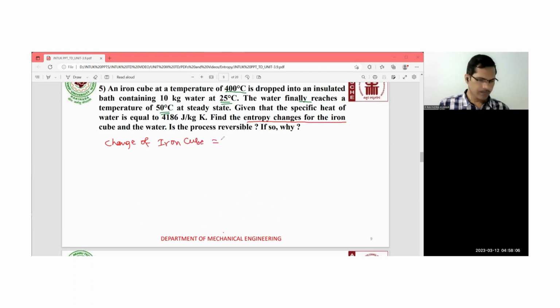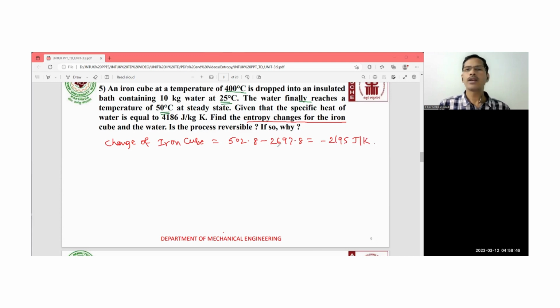In the first stage you have got that particular value, and in the second stage you have got 502.8 minus 2697.8, is equal to, you will get it as minus 2195 joule per Kelvin.